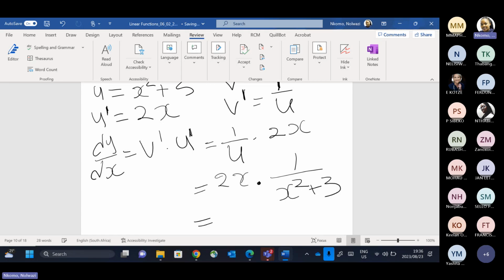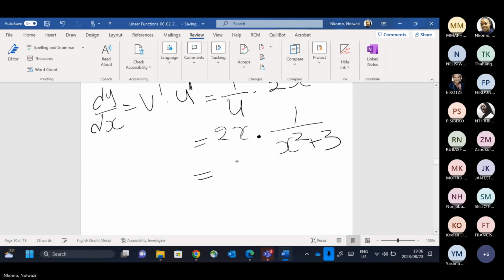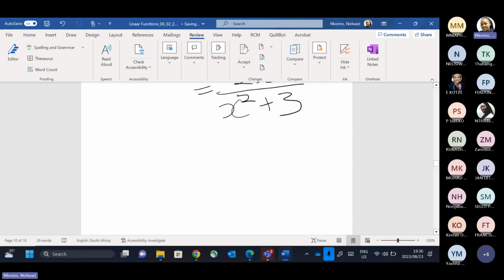You can write this as 2x over x squared plus 3. This composite function simply means the same.